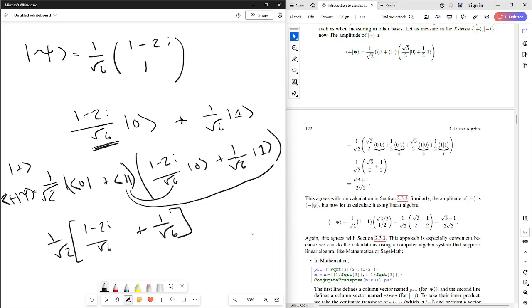We can combine this stuff here. So 2 minus 2i over square root of 6 times 1 over square root of 2. Okay, there's 2i.